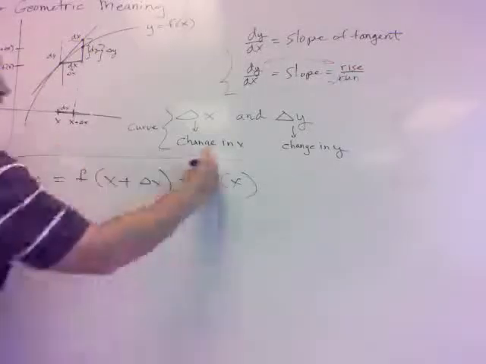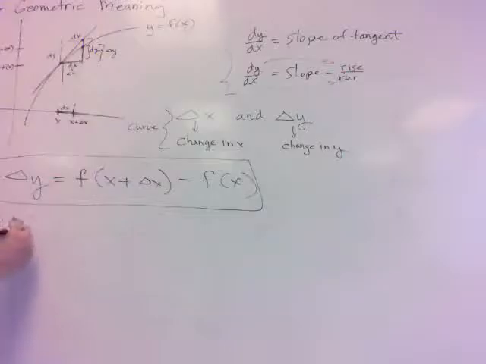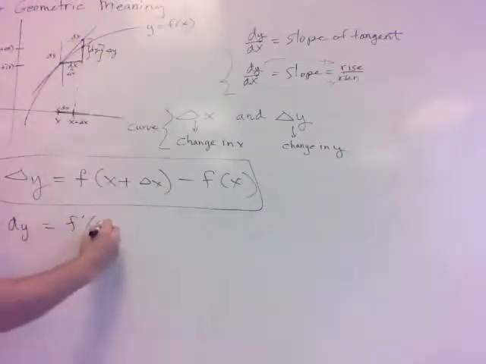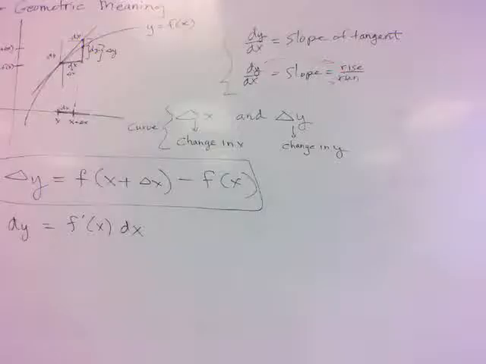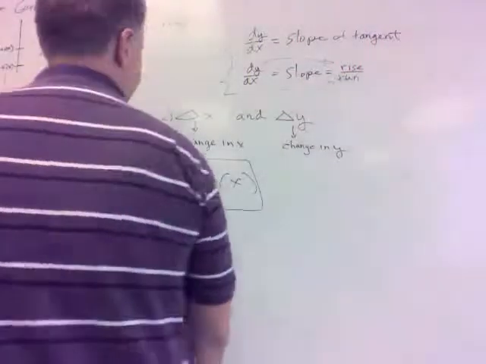So here's your formula for delta y. dy we had earlier. It was f prime of x dx. We're going to compute delta y and dy for a few functions on the homework there. So let's do one here. Example.